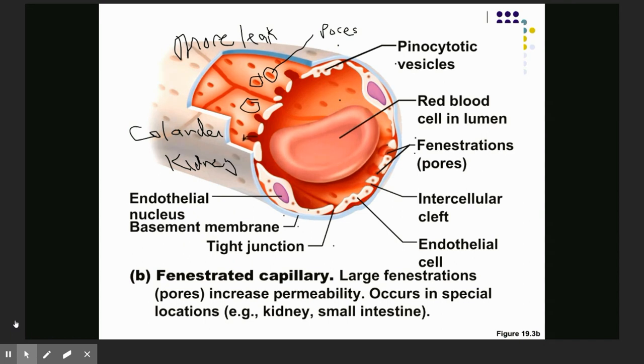But these holes are not big enough to let things like proteins and cells out. The holes are still fairly small. Look, there's a red blood cell. You get an idea of what the size of these holes are. But they are more leaky than continuous capillaries.